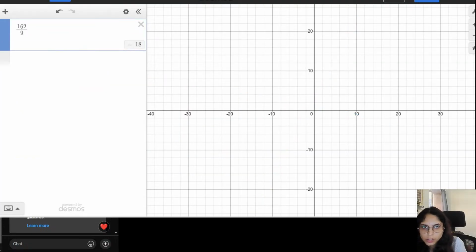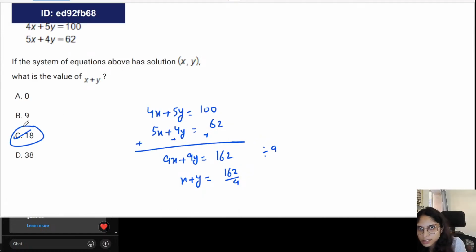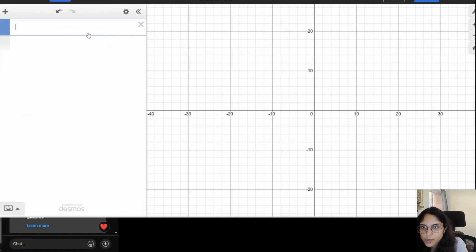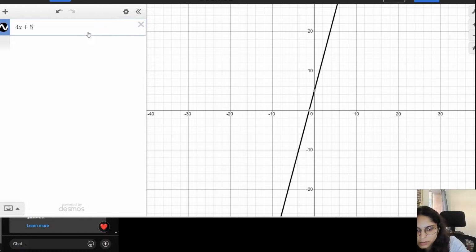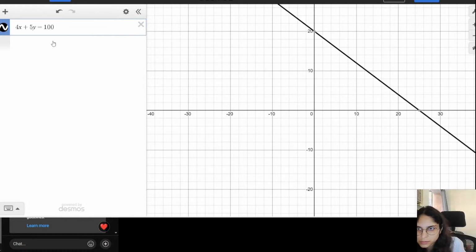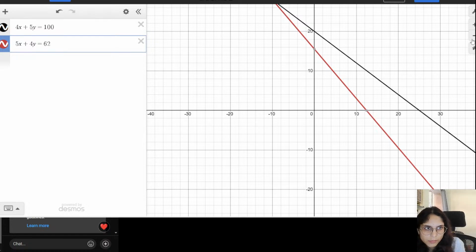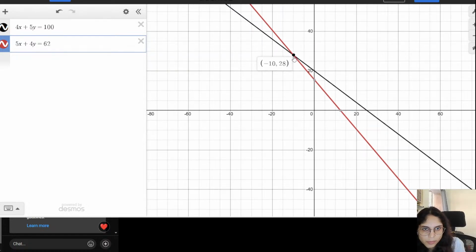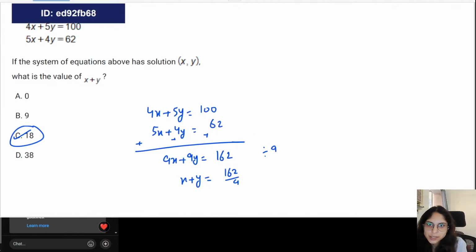Otherwise, you can do it yourself. Answer is 18. So I find adding faster than Desmos and more convenient, but your choice.